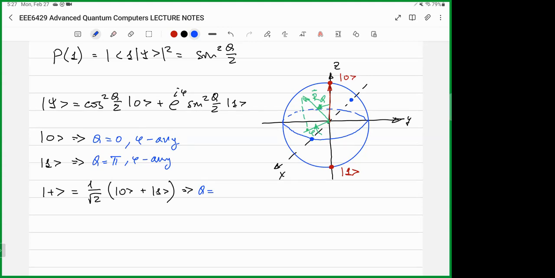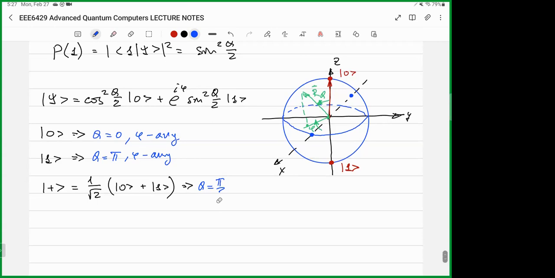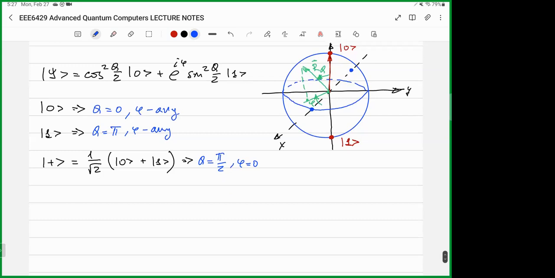So theta is equal to pi over 2, and phi equal to 0, right, to make the exponential phase factor equal to 1.